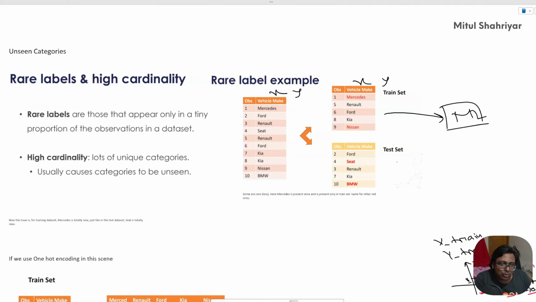The issue is when you are using the testing data set, you can see there are some values like SEAT, BMW, which we never had in our training dataset, right? It is like you have a child, and he or she is in class 4. No problem.